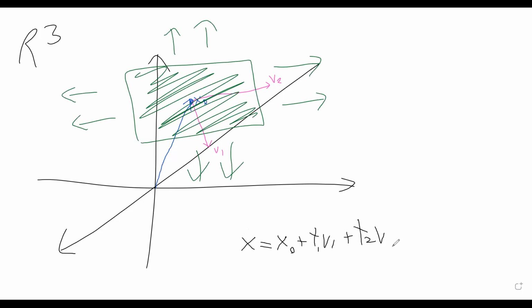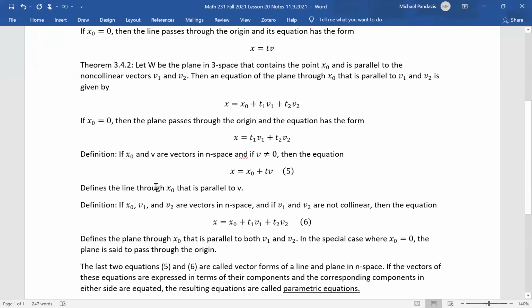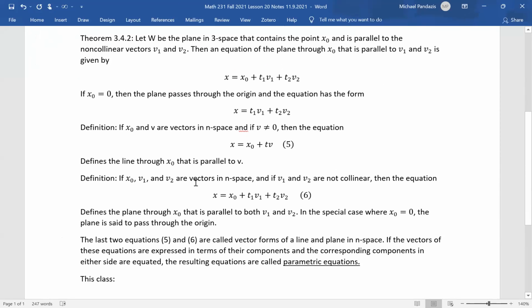So this is a way to express a plane as containing the point x naught and parallel to 2 non-collinear vectors v1 and v2. So that was some of what we did at the end of last class. And this equation defines a line through x naught that's parallel to v.